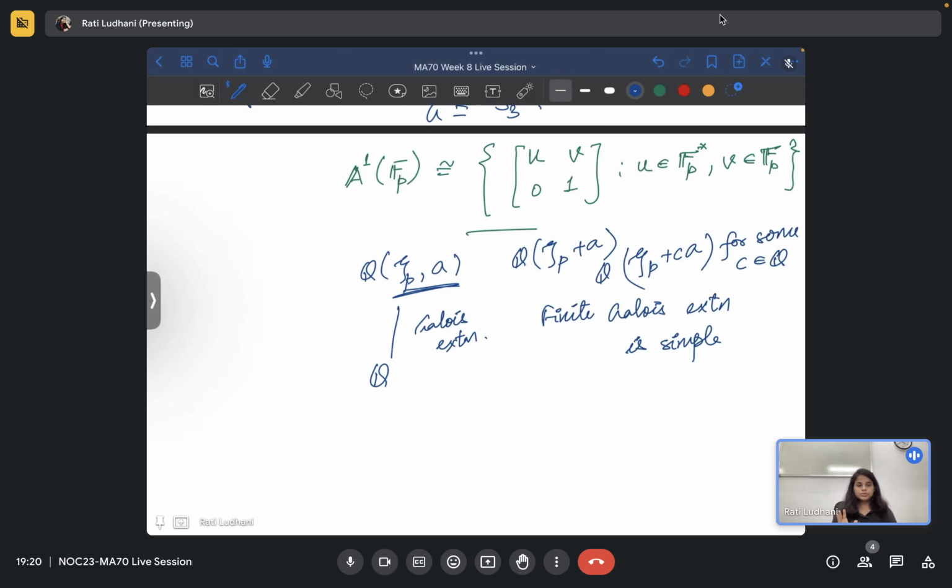You can actually see that we don't need to prove it, because that's the hard part. Now we know that if it is a finite Galois extension we will get some element, a primitive element. We have done that even for the primitive element theorem. So we know that there will be some c, because what was the reason, like zeta p plus c a, c could be from Q. So we have so many subfields, and if it is a Galois extension it has to have finitely many intermediate subfields.